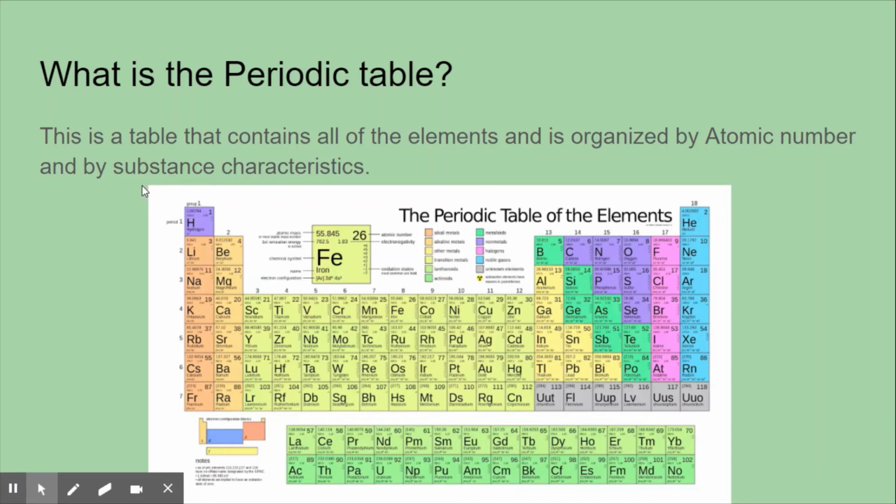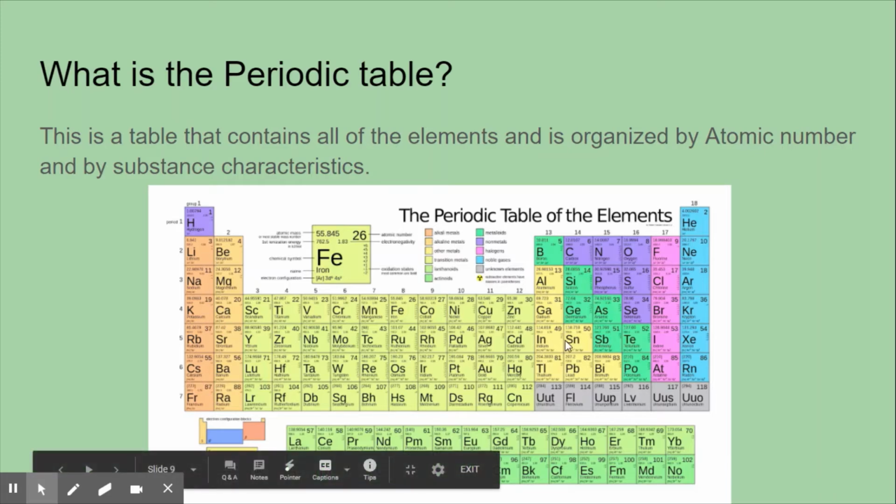It's also organized by substance characteristics, and you can tell that because our table here is color coded, and different sets or sections are different colors.